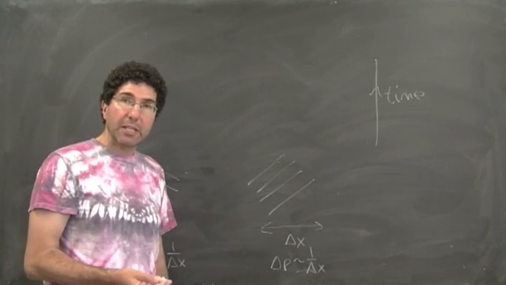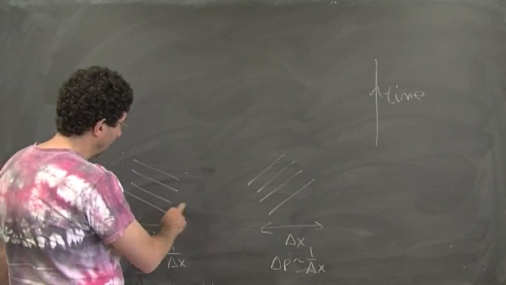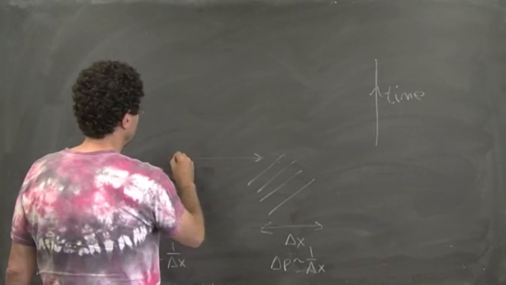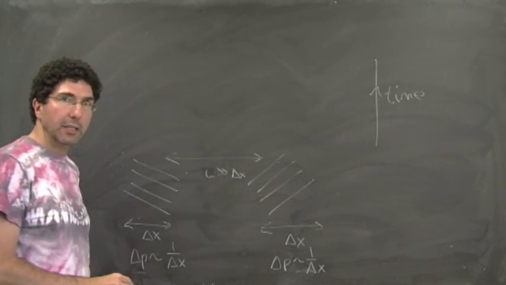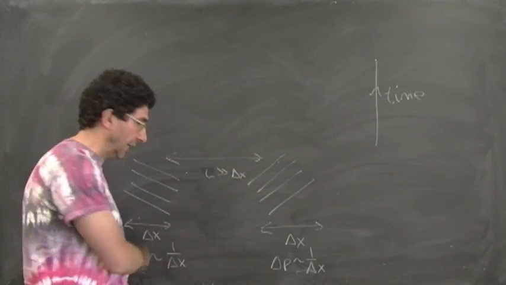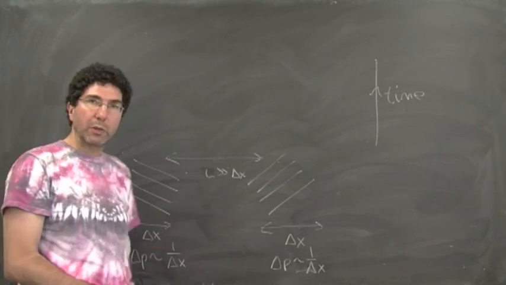But for any given accuracy that you want for your momentum, you can always make the wave packets initially separated by a distance L, which is much, much bigger than delta x. So by making L big enough, you can get an arbitrarily large accuracy on the initial momenta of these different wave packets.